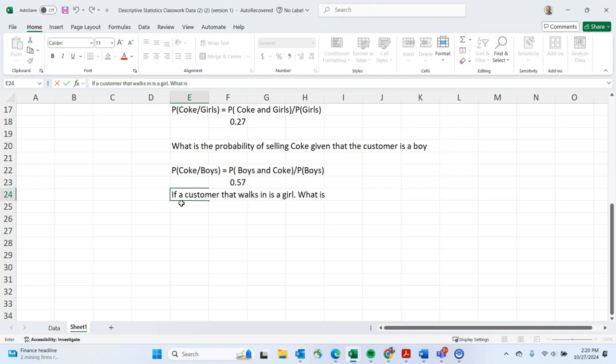What is the probability of selling soda given that only Coke is available?